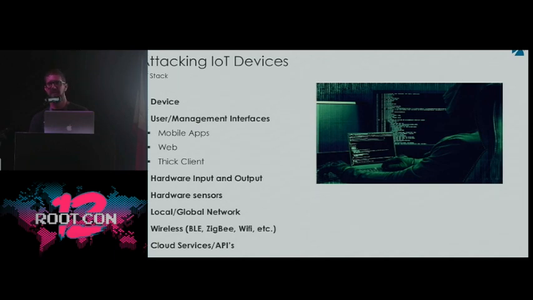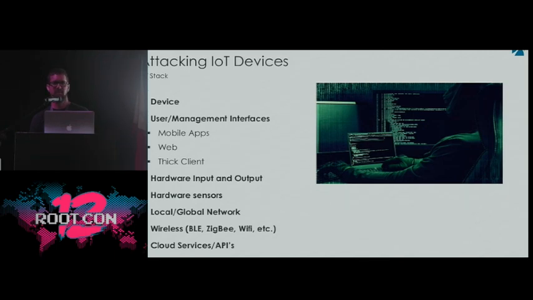You have to test all the hardware inputs and outputs, and that will vary for each device. Sometimes you have different sensors and certain switches and buttons and whatnot, screens and keyboard or pointing device and whatnot. There's also a lot of different wireless protocols being used, like Bluetooth Low Energy, Zigbee, Wi-Fi, etc. And that should all be part of your test plan.